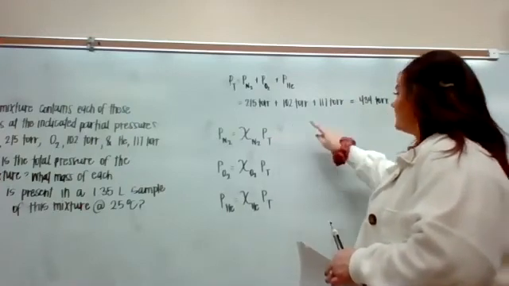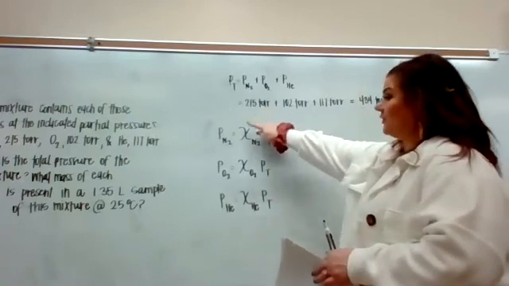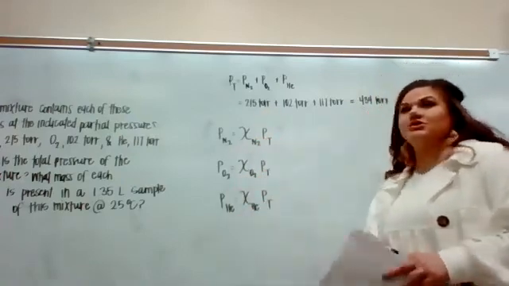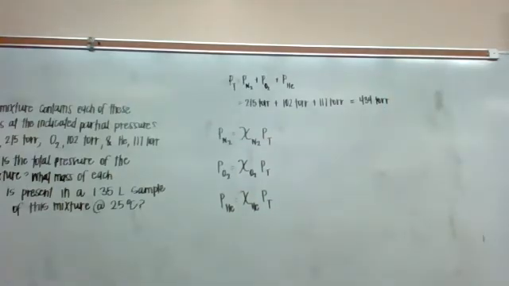So we just found the total pressure and we were given all of our partial pressures. So let's plug in both pressures and solve for mole fraction for all three of these.